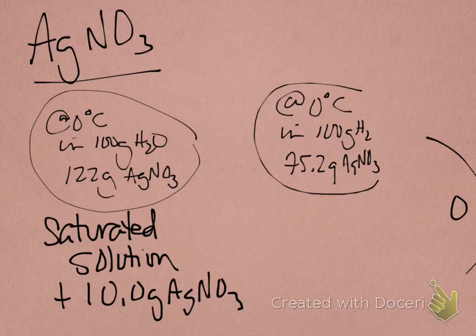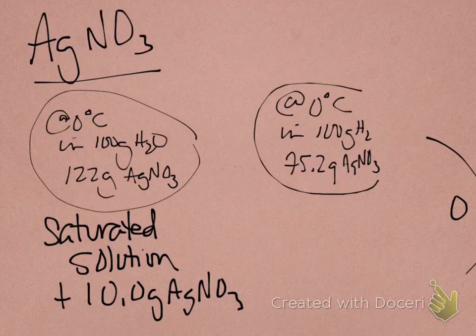What's it going to look like after I do that? Yeah, under those conditions, it will not dissolve that additional 10 grams of silver nitrate. We're going to have chunks, to use the super technical term.